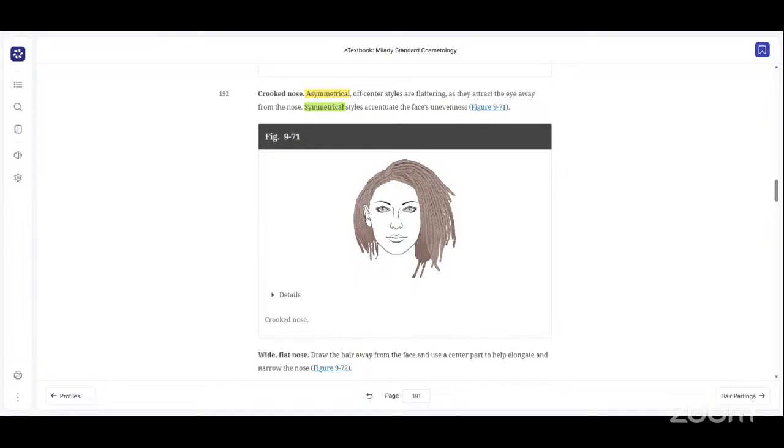Yeah, we got something going on with the nose, but the hair takes away from it because they're seeing this other point, trying to figure out what that is, and haven't even looked at the nose. Okay. Symmetric styles accentuate the face's unevenness. So a balanced bob is going to bring attention to the crooked nose. If you learn nothing else today, you learn what symmetric and asymmetric is. Okay?